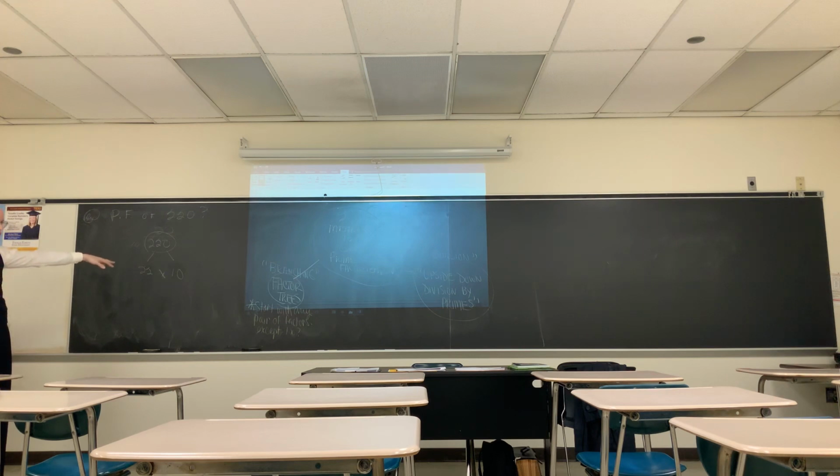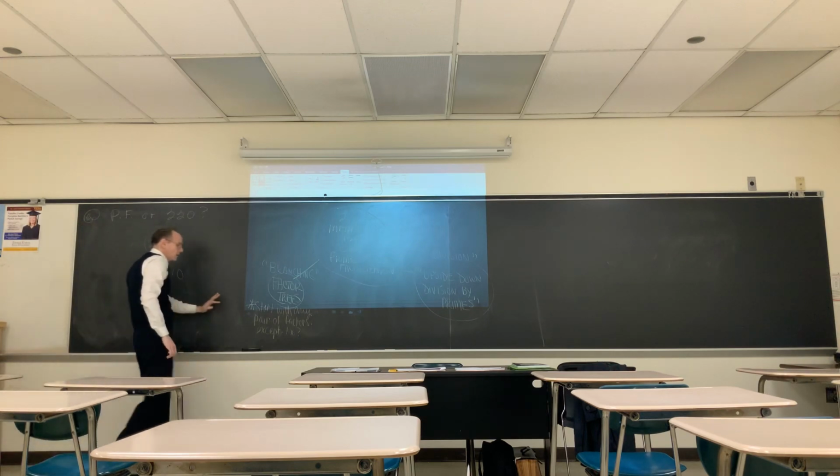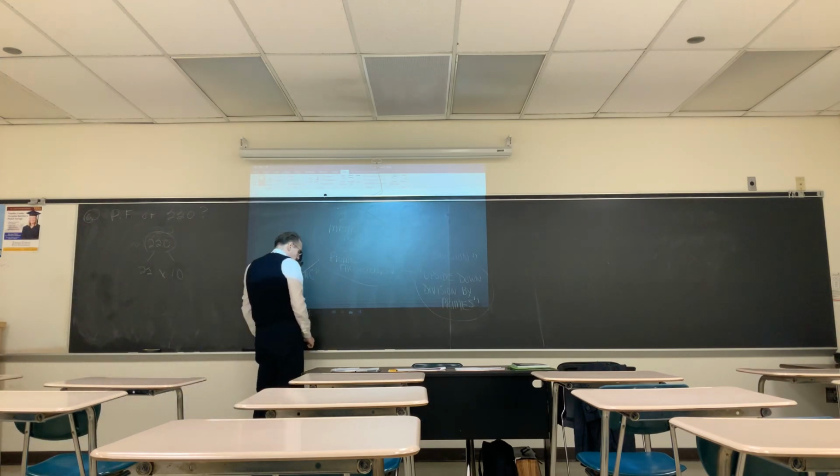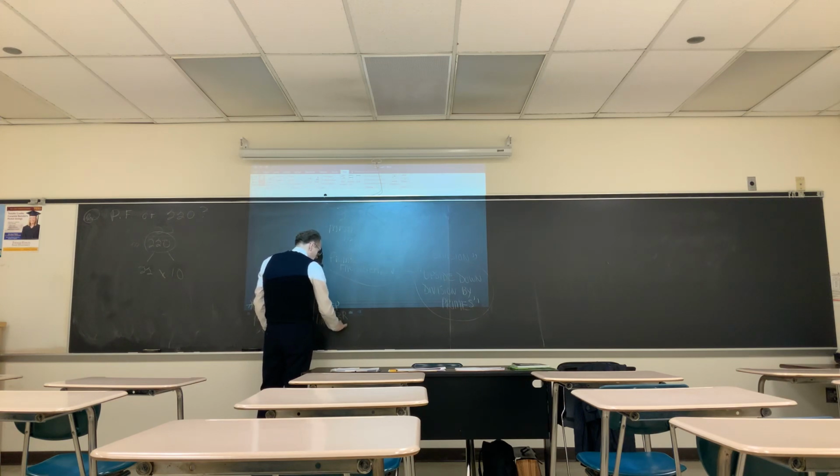If I put 1 times 222, we're still in the same place we started. Anyhow, you keep going, you keep breaking it down, keep factoring until the bottom rung of this tree is all primes.